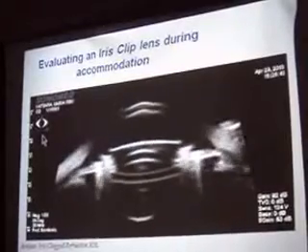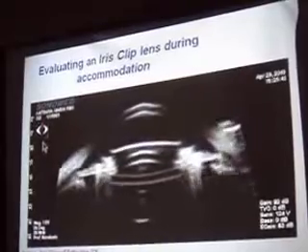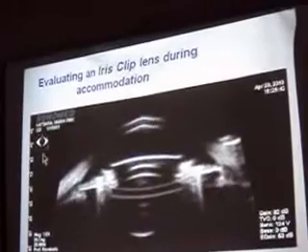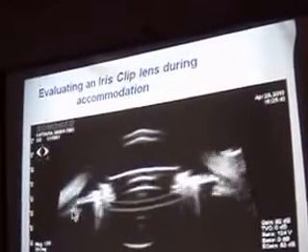Finally, this is an iris clip lens, an anterior chamber phakic refractive IOL. If you take a look for a minute at the picture, you're going to notice that the ciliary body, particularly here, is contracting.